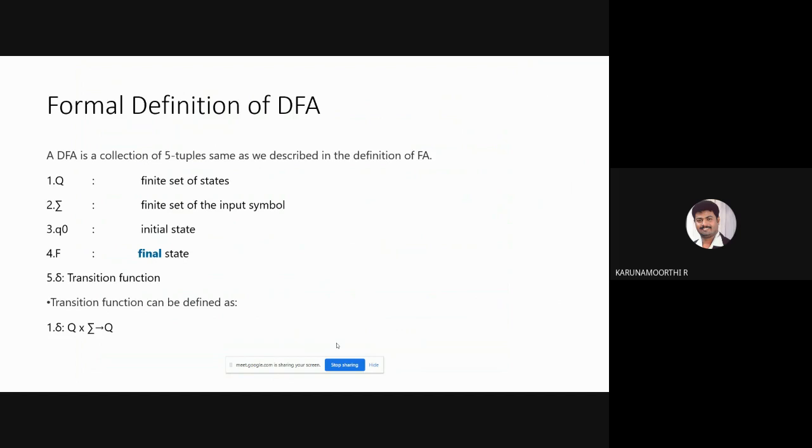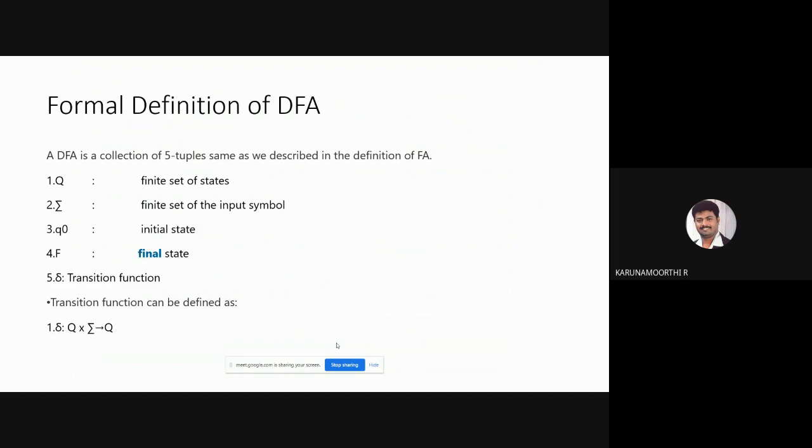So this is the formal definition of DFA. Normally in DFA, 5 tuples are available. The first one is capital Q, which is the finite set of states. Next one, the summation symbol, which we call the alphabet. It represents a finite set of input symbols. Q naught is the initial state, F is the final state or accepting state.